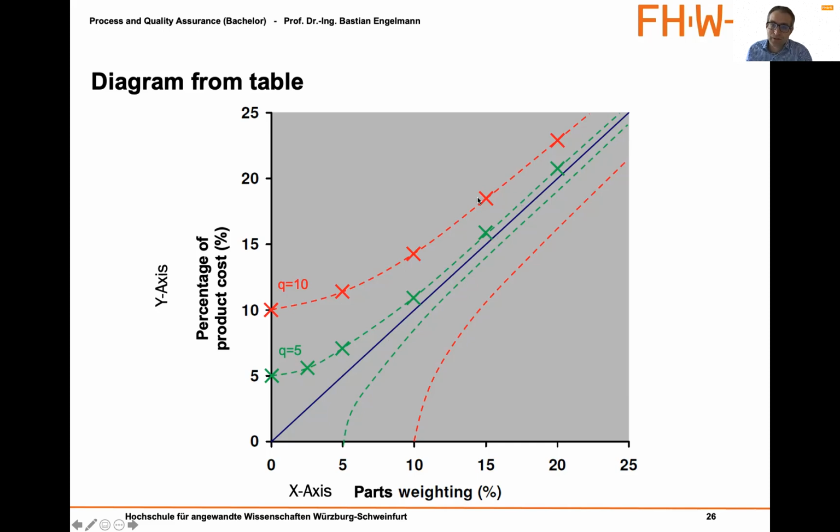And so this means we have more tolerance if we respect the red curve. And the parameter Q here is indicating how narrow the corridor is.